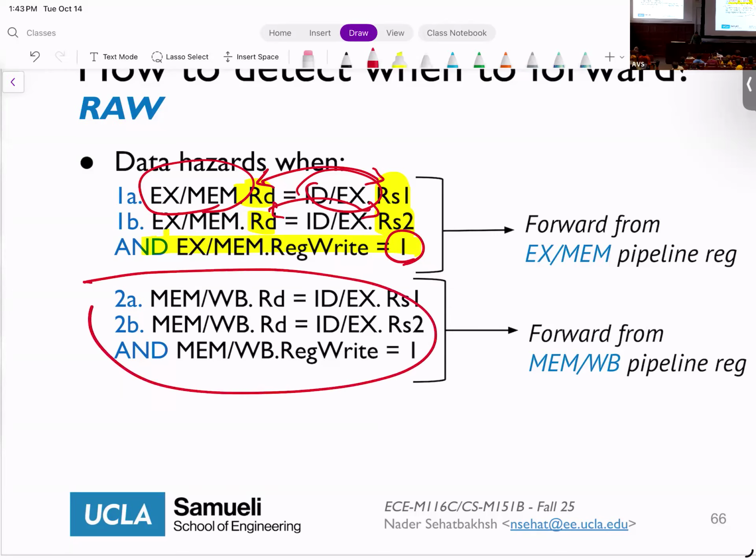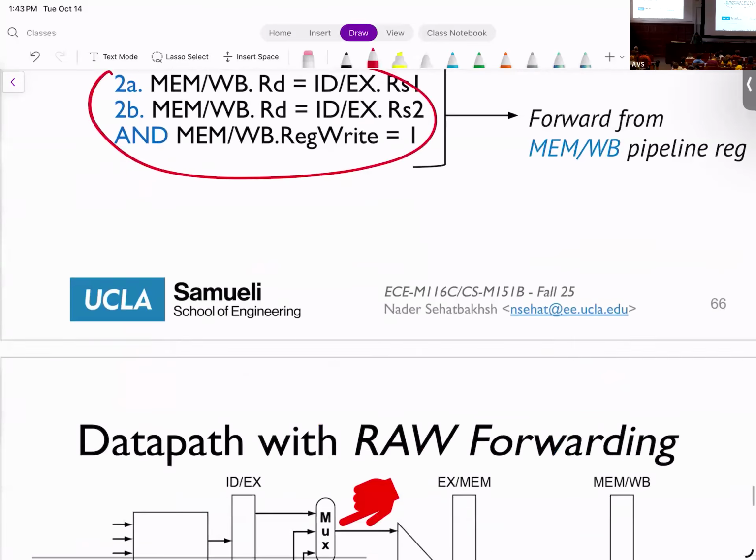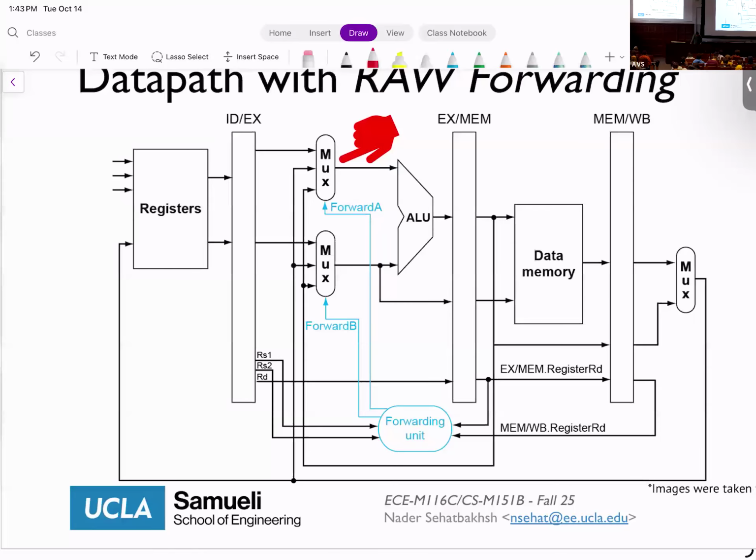Similar thing from the write back stage: if the RD is equal to RS1 or RD is equal to RS2, and in fact you're writing to that register, then you do the forward. And as I said, these are independent from each other, so you can forward both from the execution and write back at the same time. Okay? So these are the conditions.